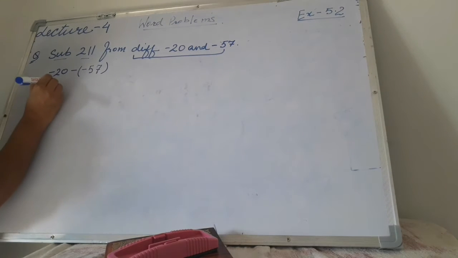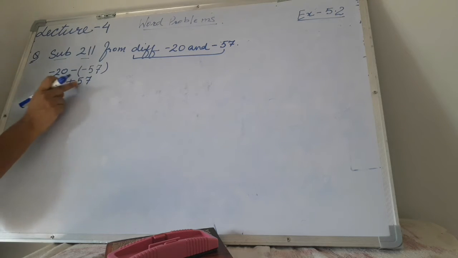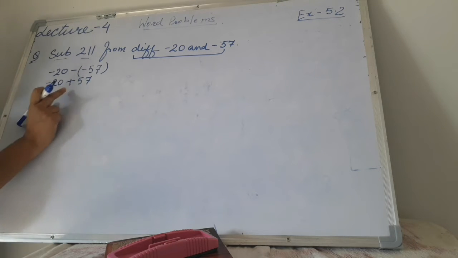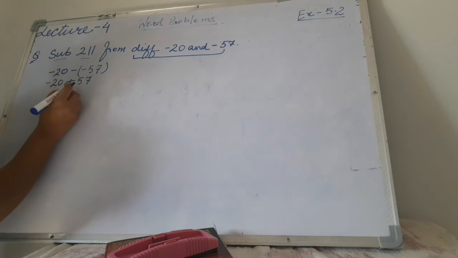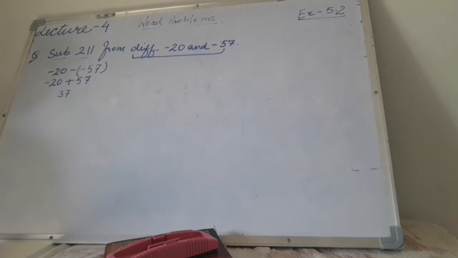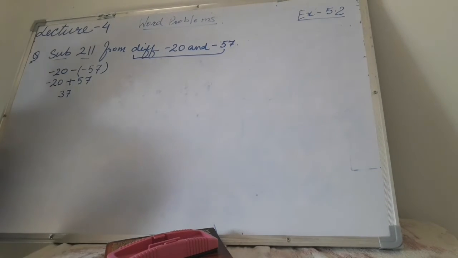Now next, minus 20 minus of minus 57 becomes plus 57. Again plus minus becomes minus, but the sign comes with the number which is greater. Then I will get plus 37, that is from 57 minus 20 I will get 37.